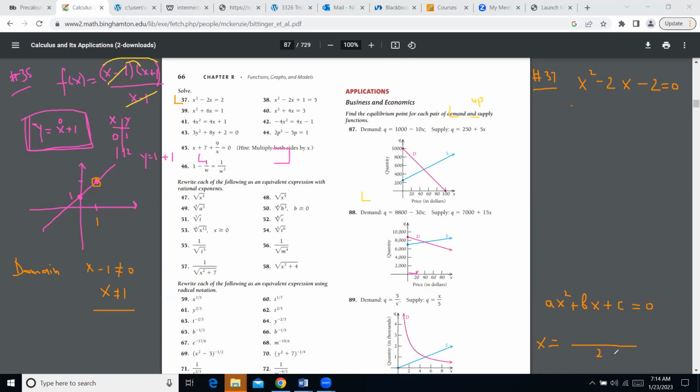Remember that formula with the so-called discriminant: negative b plus minus square root of b squared minus 4ac, right? So that's the quadratic formula to solve equations in case you can't factor. In other words, you need to identify your a, b, and c, and once you identify those, you'll get the numbers to plug into the formula.